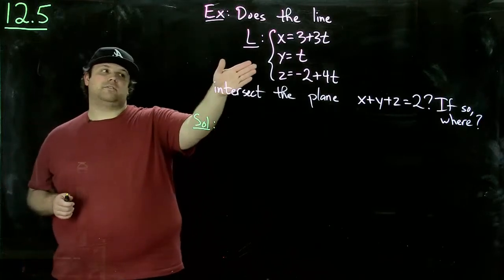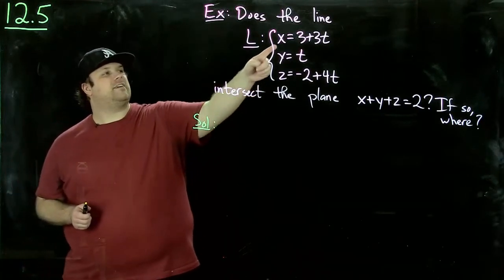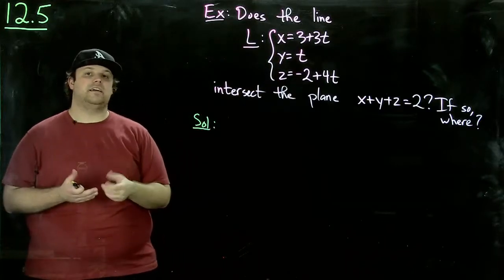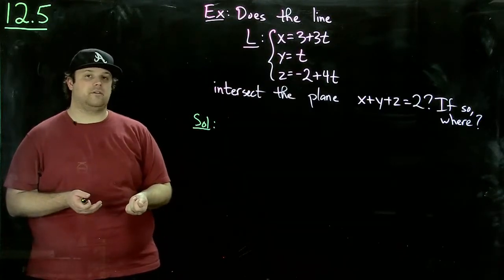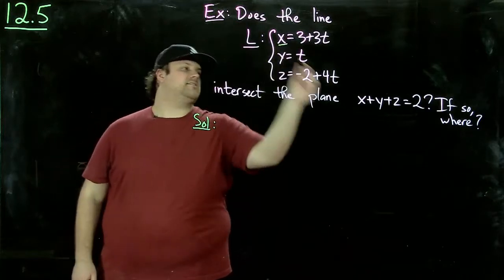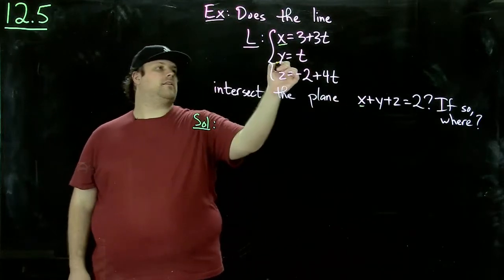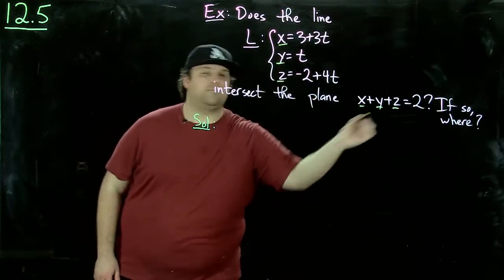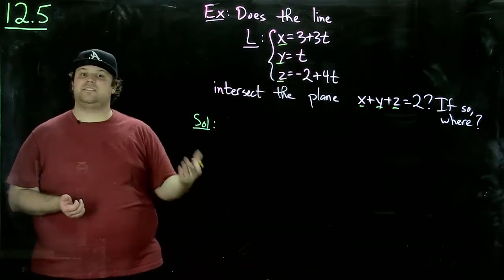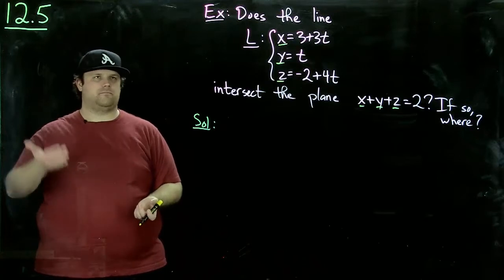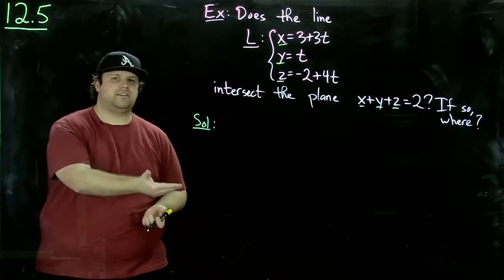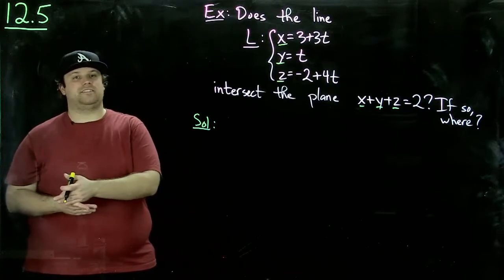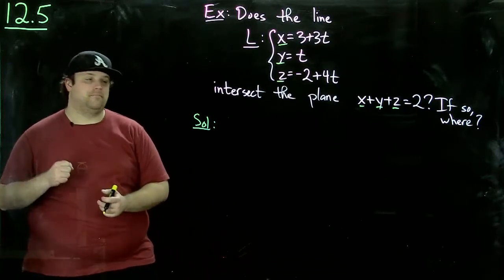Once we have them, we know what x, y, and z have to be in order for something to be on the line. So we can just take this x, put it here, this y, put it here, and this z, put it there, and see if we can solve. In other words, we're plugging the equation for the line into the equation for the plane. This is how you determined whether two things intersected once upon a time.